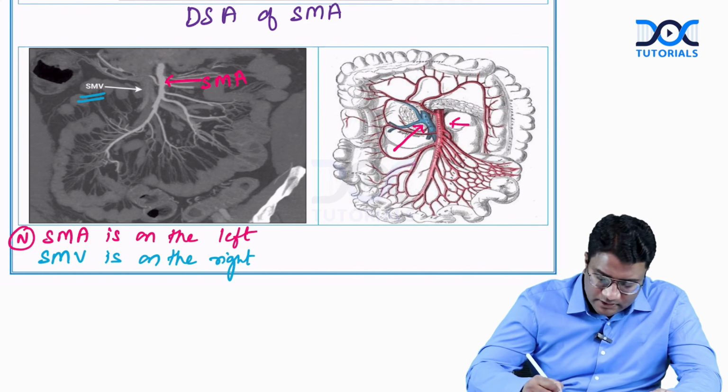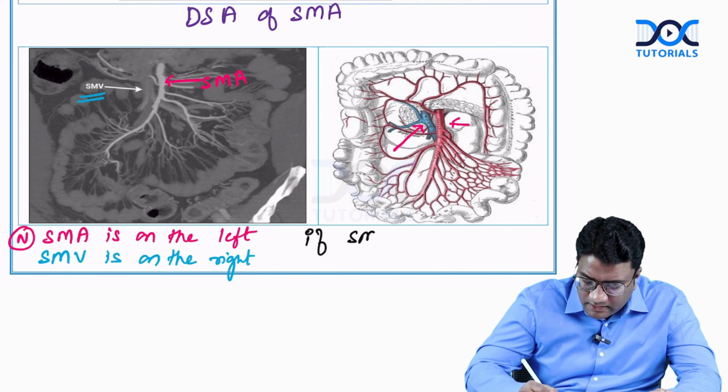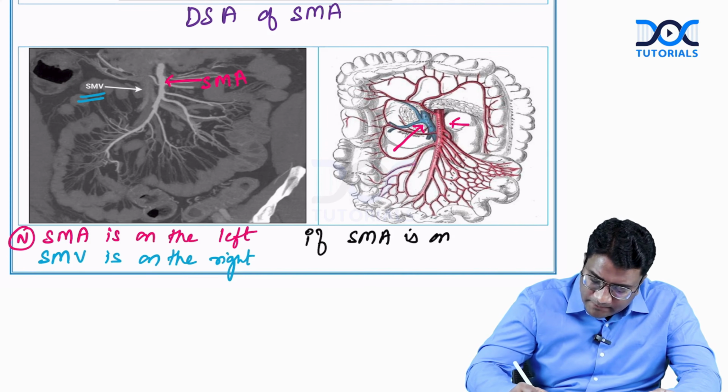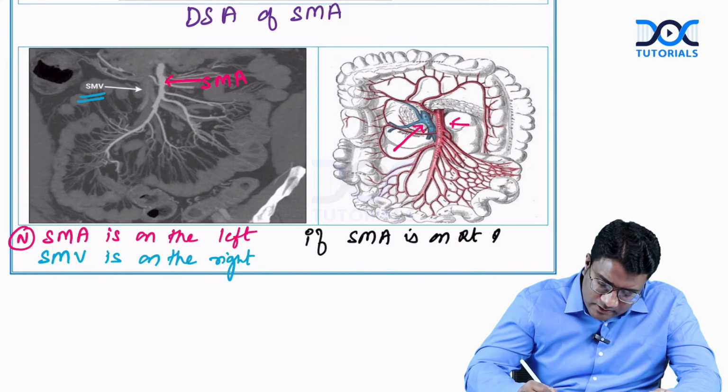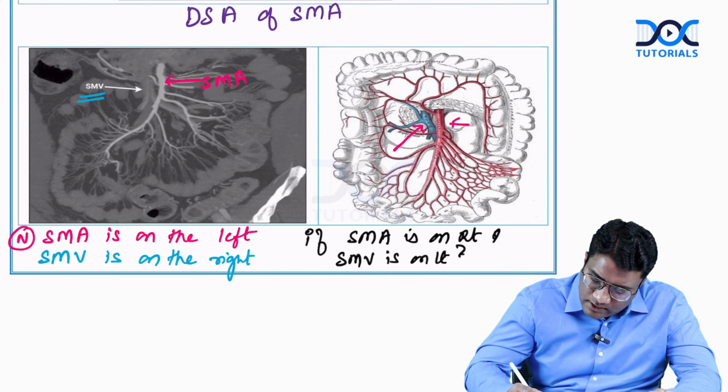But if the superior mesenteric artery is on the right and the superior mesenteric vein is on the left, what does this indicate?